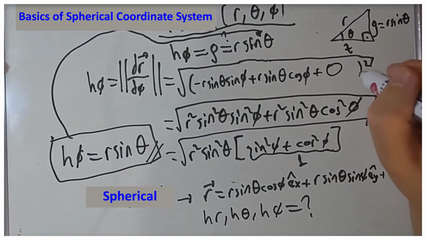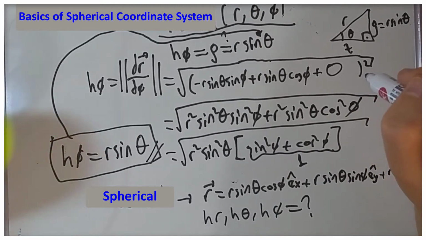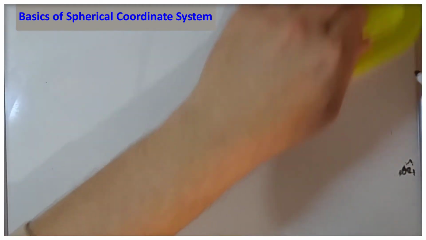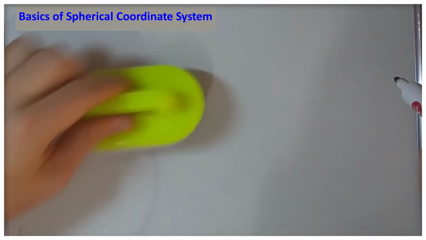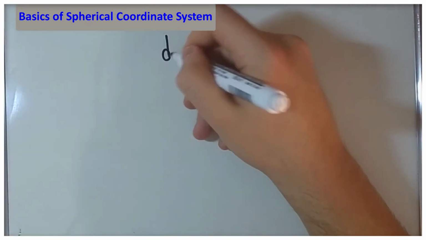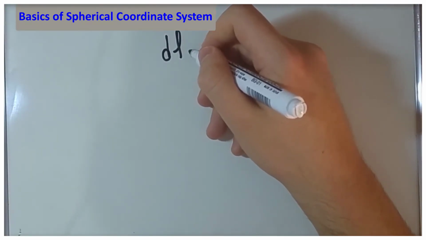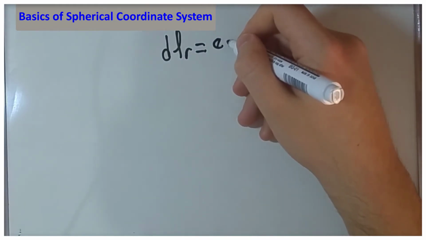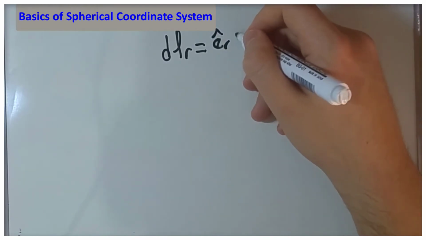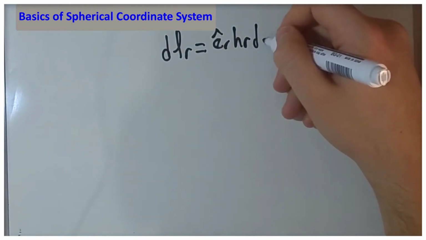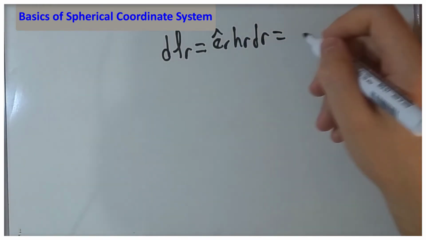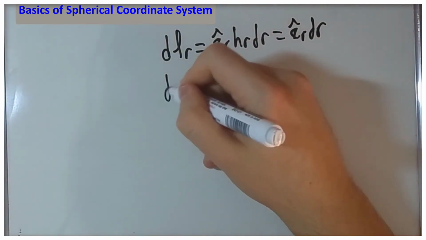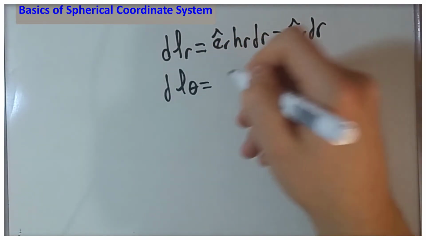In summary, after finding the matrix in this way, let's write dl, ds and dv in spherical coordinates. For example, let's write dl r in the direction of er, in the direction of hr with a length of dr. Here h r is 1 because its length is automatically dr. Let's write dl theta.